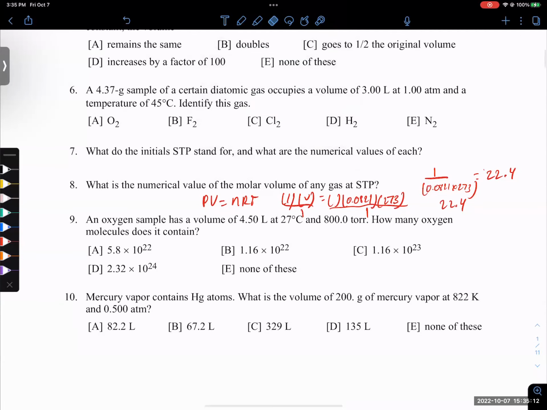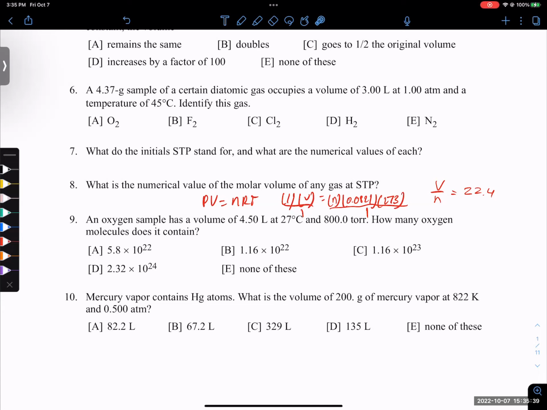I'm going to plug the n back in because it's nice to see what it does. If you solve for V over n, you get this stuff right here, and when you multiply this out, you get 22.4. Looking at the units, volume per mole is equal to 22.4.